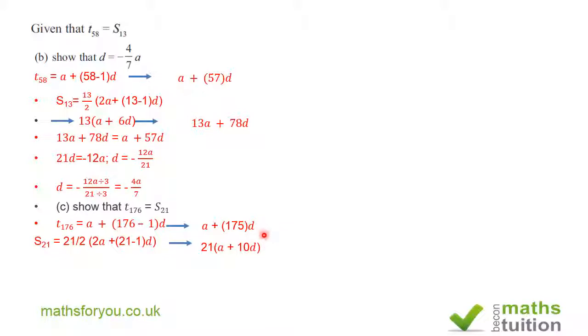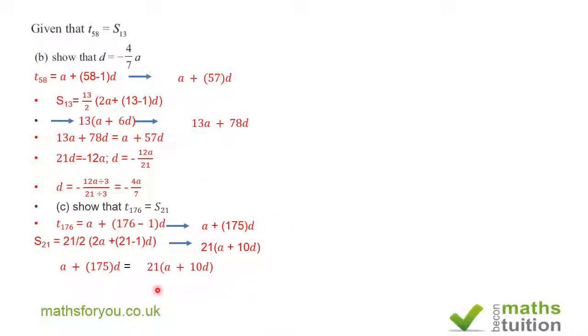We now equate these two, and we end up with a plus 175d is equal to 21 into a plus 10d. Now, at some stage, I'm going to expand this bracket to give me 21a plus 210d. Meanwhile, do not forget that d is equal to minus 4a over 7.